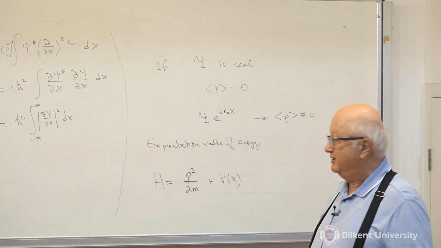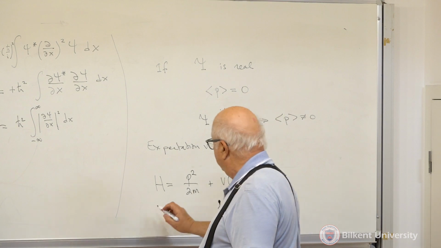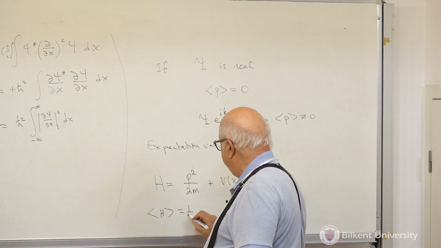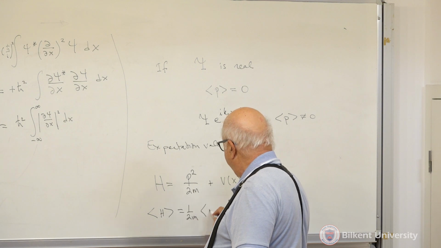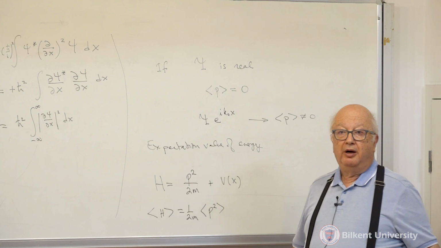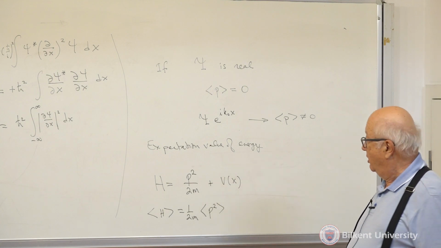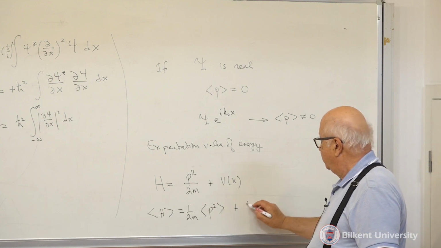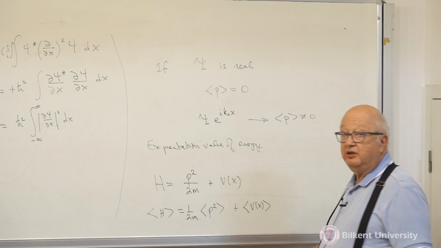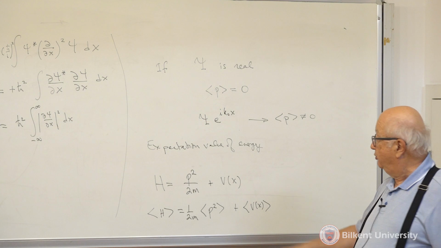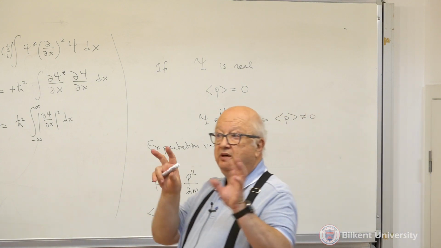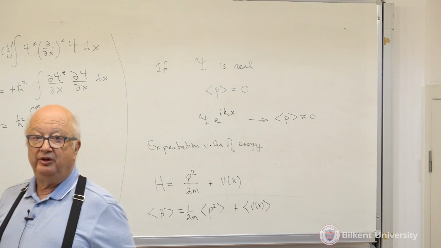It contains x's. So the average value of H is 1 over 2m, average value of p squared, which we know how to do very well, plus the average value of V of x. And this is just some function of x. All I need to do is just plug this between psi star and psi and do the integral.